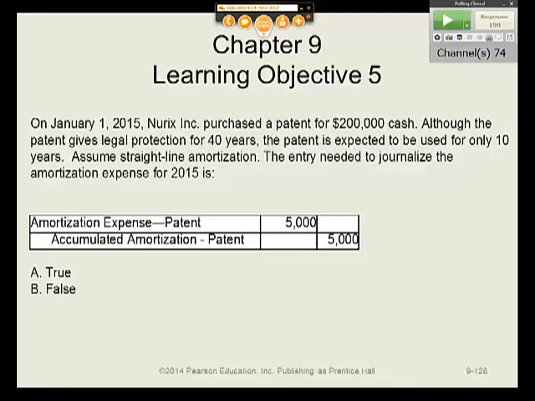Somebody asked me today, do we use scrap values for intangibles? Probably not, because you really don't know what they're going to be worth, so there's no scrap, and you divide that by 10 years, which is the shorter of the economic life or the legal life, and then we usually credit the patent directly. That's the correct answer. So the answer to that question would be false.